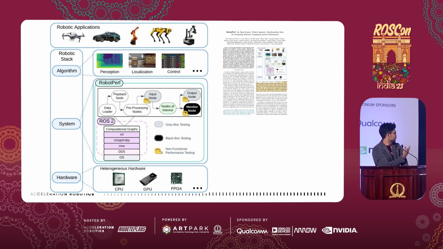So this is essentially what the standard ROS2 stack looks like. What we are focusing on, I hope everyone can see this, is the middle block, where we test the computational graphs of various hardware and benchmark those metrics.